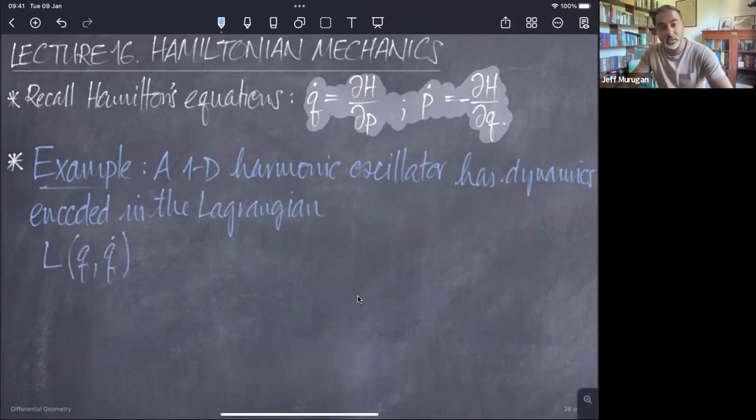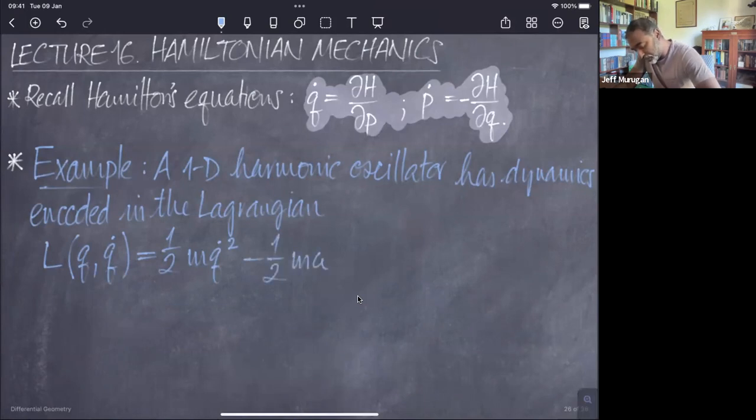Let's say we're talking about a single oscillator. And this is a half the mass of the oscillator times its velocity squared, so this is just the kinetic energy, minus a half m omega squared q squared.